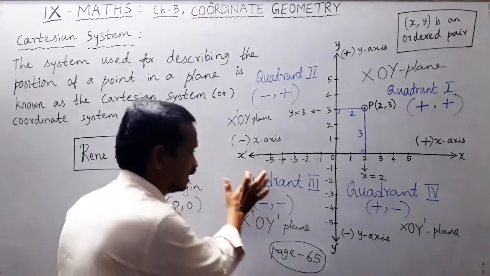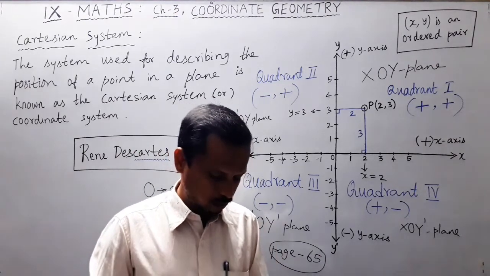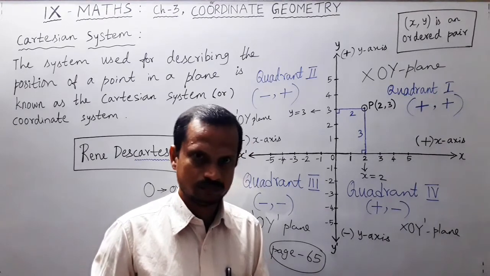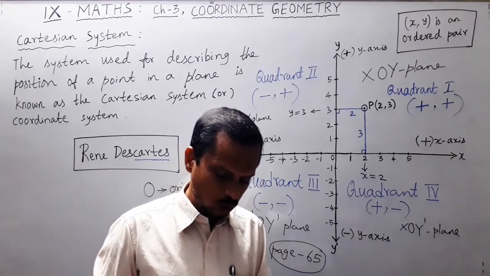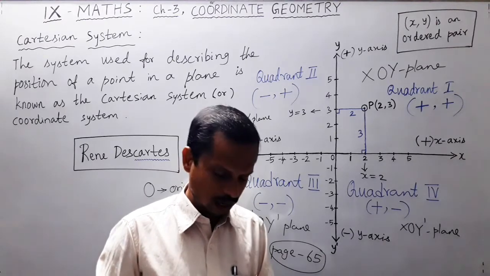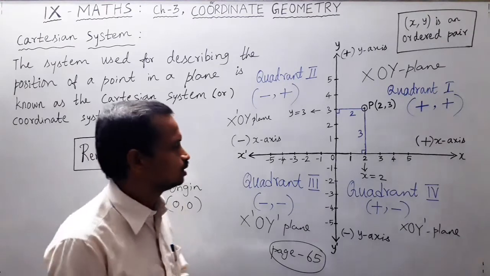Okay, after this diagram, first point: to locate the position of an object or a point in a plane, we require two perpendicular lines. One of them is horizontal, another is vertical. So what I have told you, that only they have given.